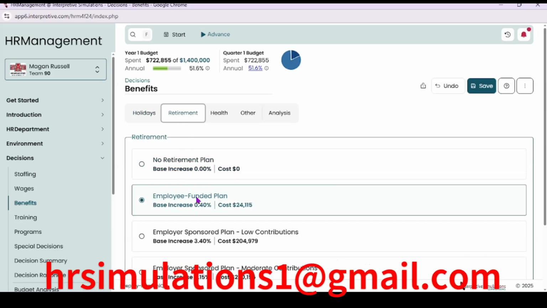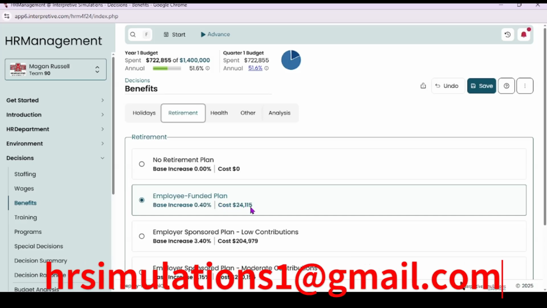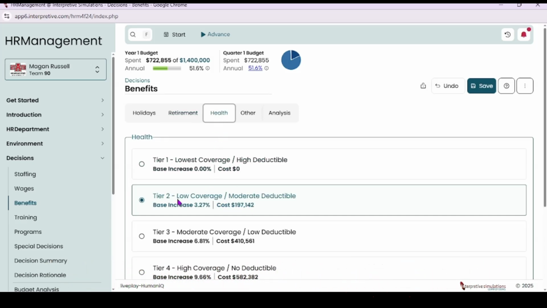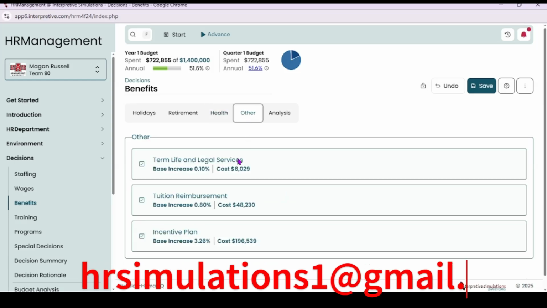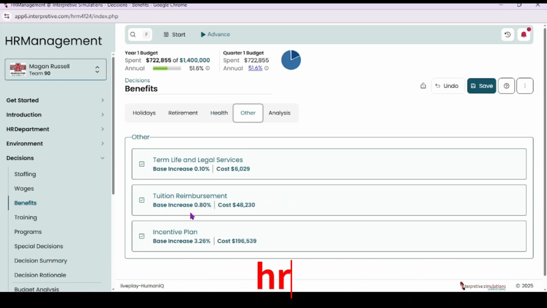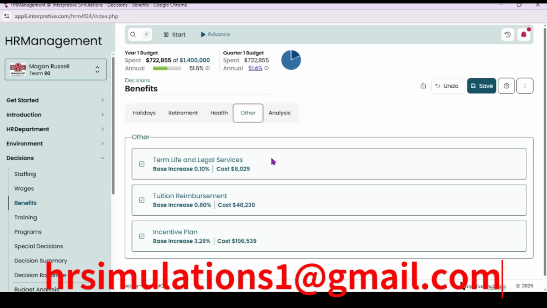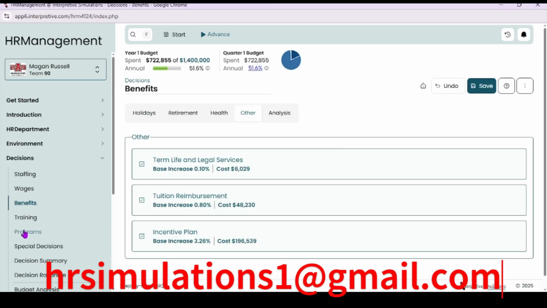But for the retirement, I've given them the employee funded plan that costs $24,111. For health, also give them tier 2, that's lower coverage but more moderate deductible. And under other, I gave them all the three. So tuition reimbursement, incentive plan, and the term life and legal services. So we can also save our decisions under the benefits.